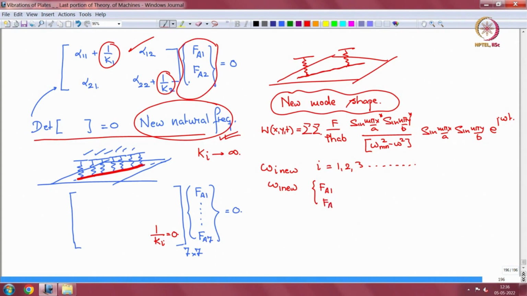Fa1, Fa2 are like the eigenvector for omega 1 new.